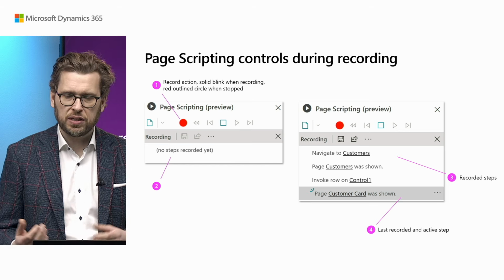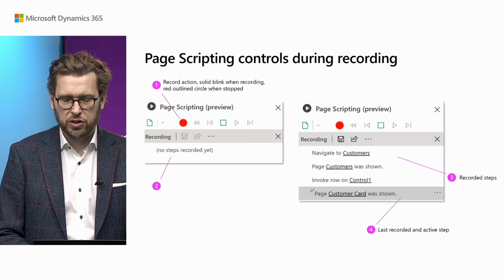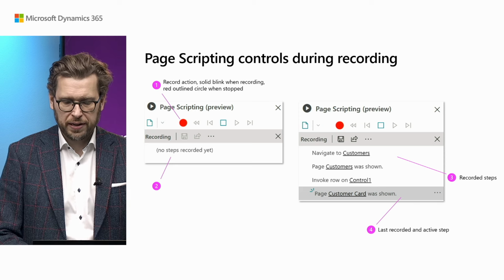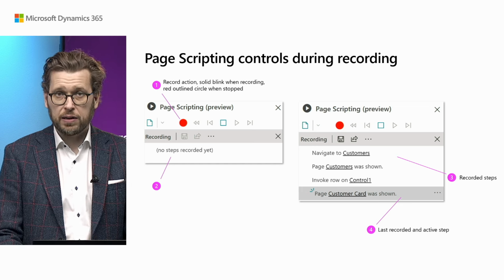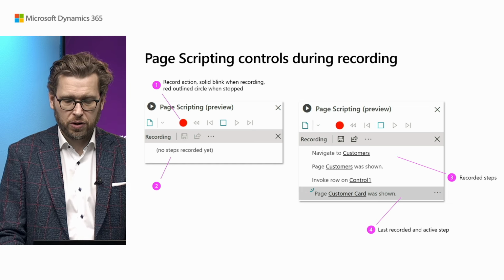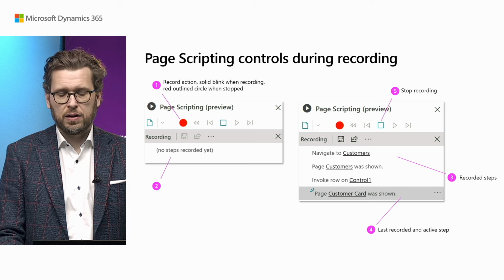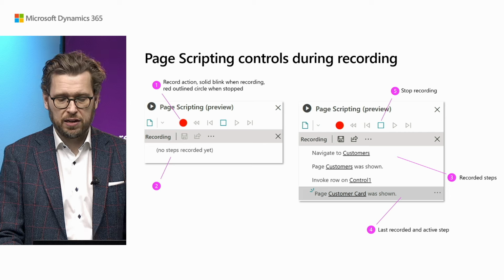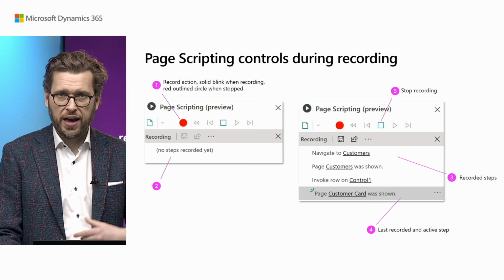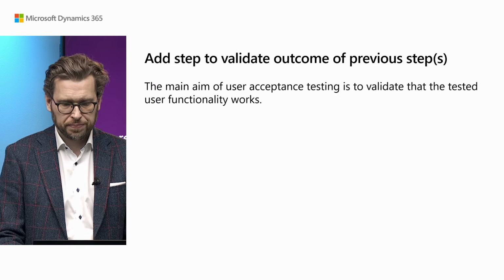For the last active step, you have some additional things you can do with regards to editing that step, and we'll talk about that during this session. Then when you have completed your recording, you can hit stop and then save it, and you can even restart a recording from the end to add additional steps.